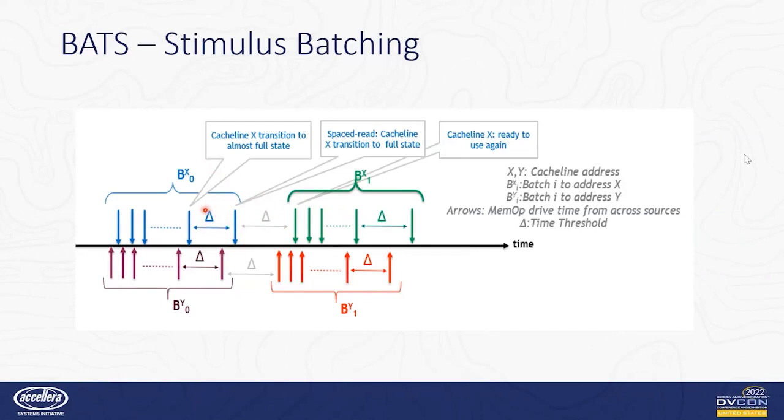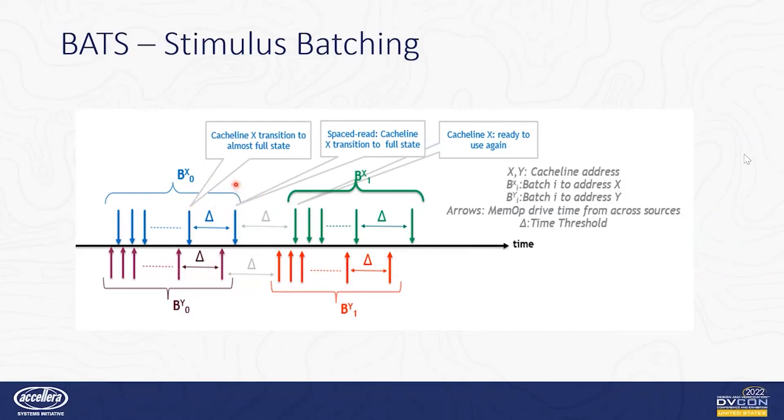One thing to note here is that once a cache line goes into the full or almost full state and BATS starts denying requests to that cache line, the agents are free to re-randomize the item and generate another address and drive onto the DUT.